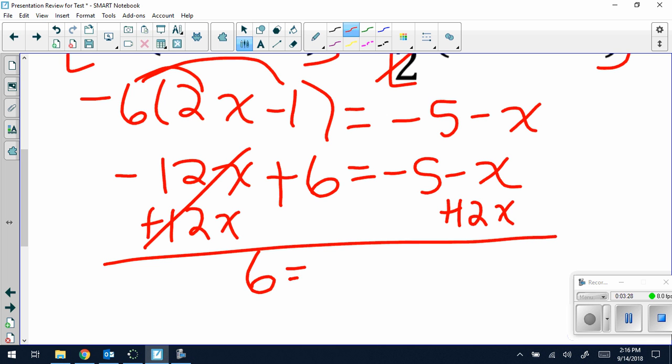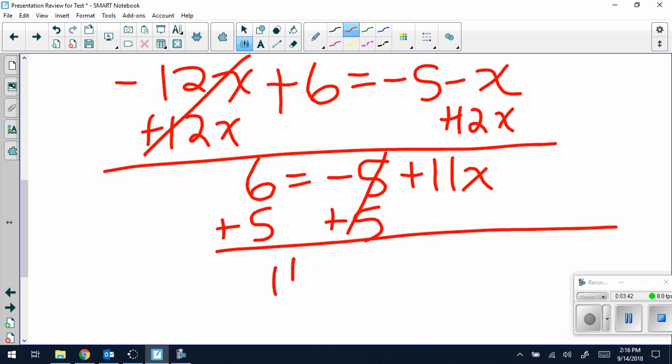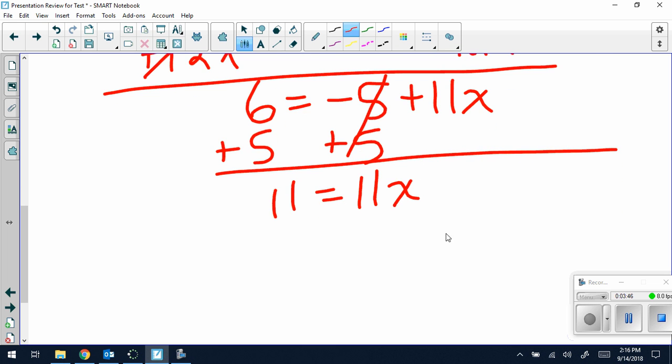So I get 6 equals negative 5 plus 11x. Signs are different, so I subtract and keep the sign of the larger. And now it's 2 steps. So adding 5, boom. And then dividing by 11, I get x equals 1.